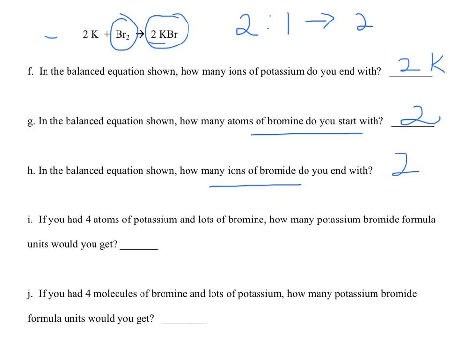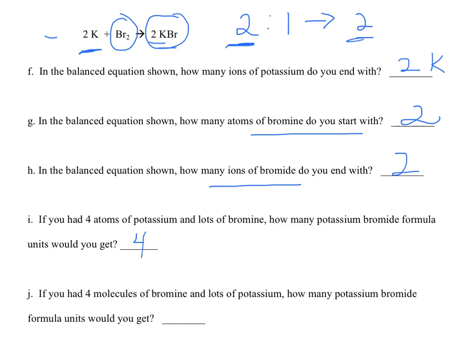And so this says if you had 4 atoms of potassium, how many potassium bromide would you get? Well, as many atoms of potassium you start with, that's how many KBrs you get. So if you started out with 4, you would get 4.